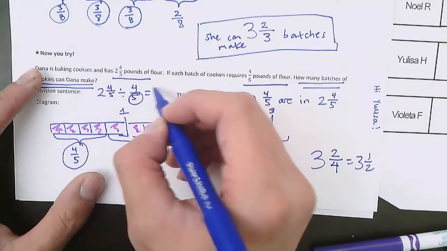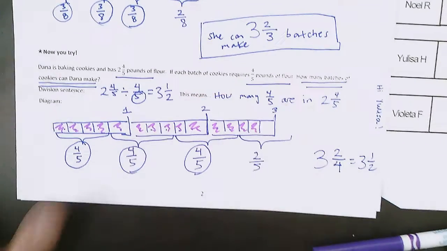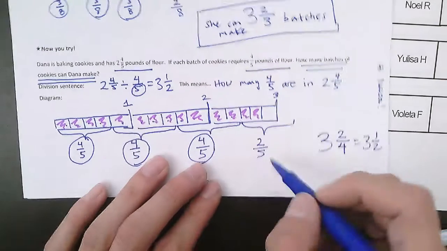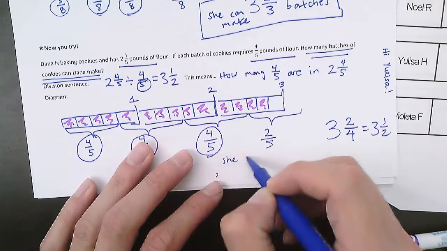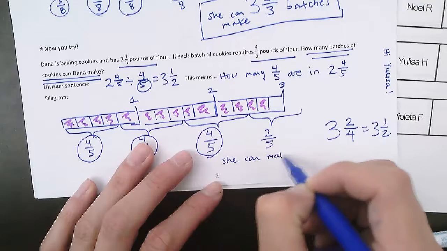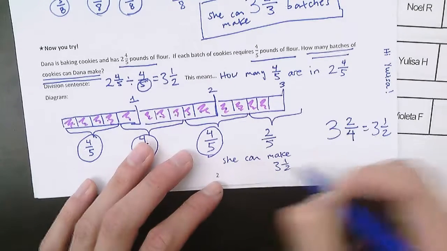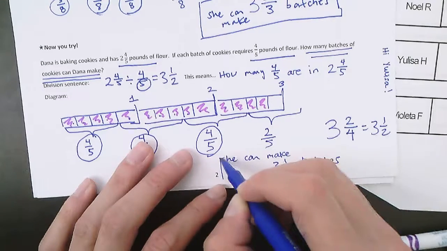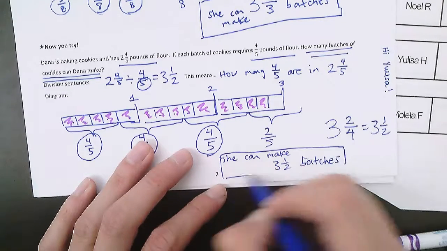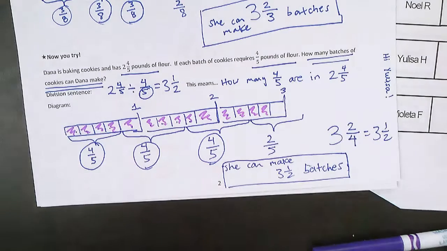So 2 4/5 divided by 4/5 equals 3 1/2. And write my answer statement: she can make 3 1/2 batches. Sorry, my writing is a little bit messy.